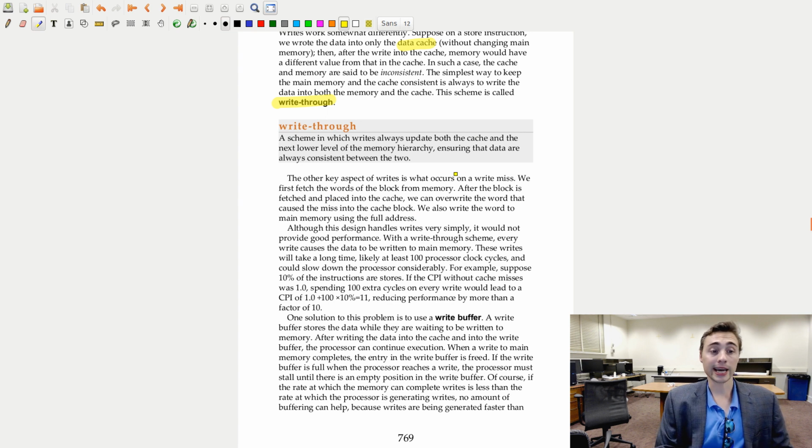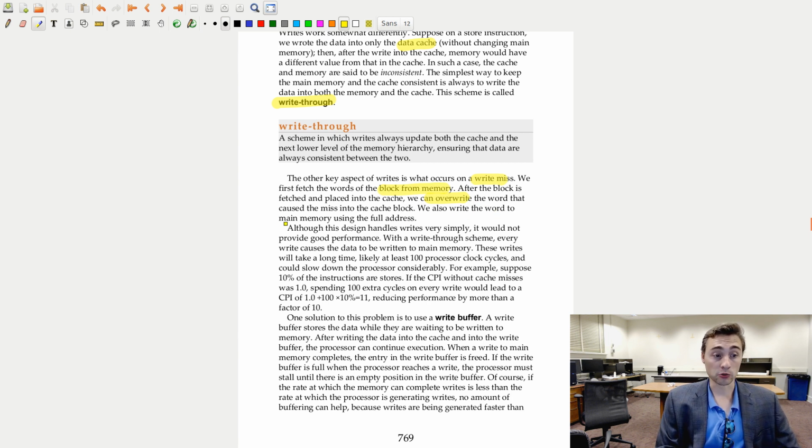The other key aspect of writes is what occurs on a write miss. We first must fetch the words of the block from memory. We have to find it, and that's similar to the read step that we went through in the last small section. After the block is fetched and placed in the cache, we overwrite it with the value that we got.